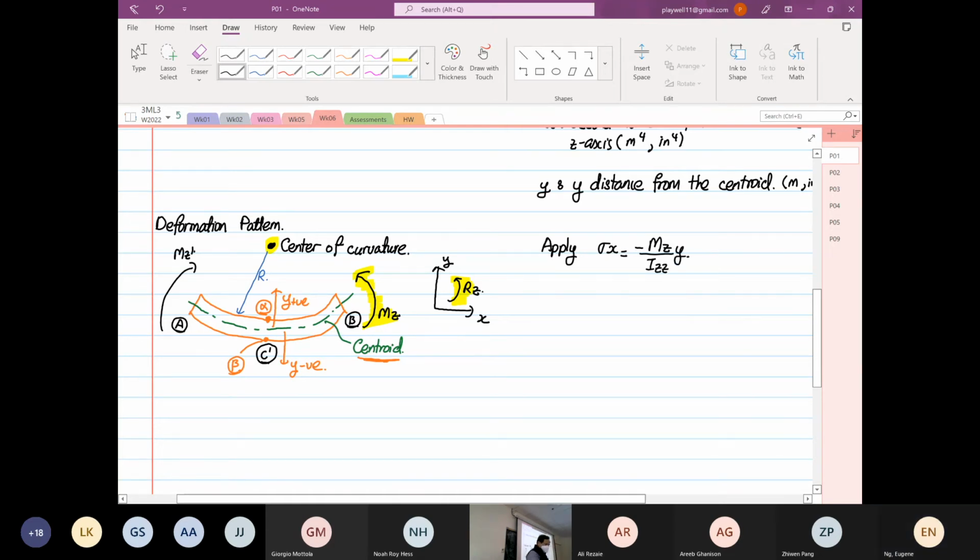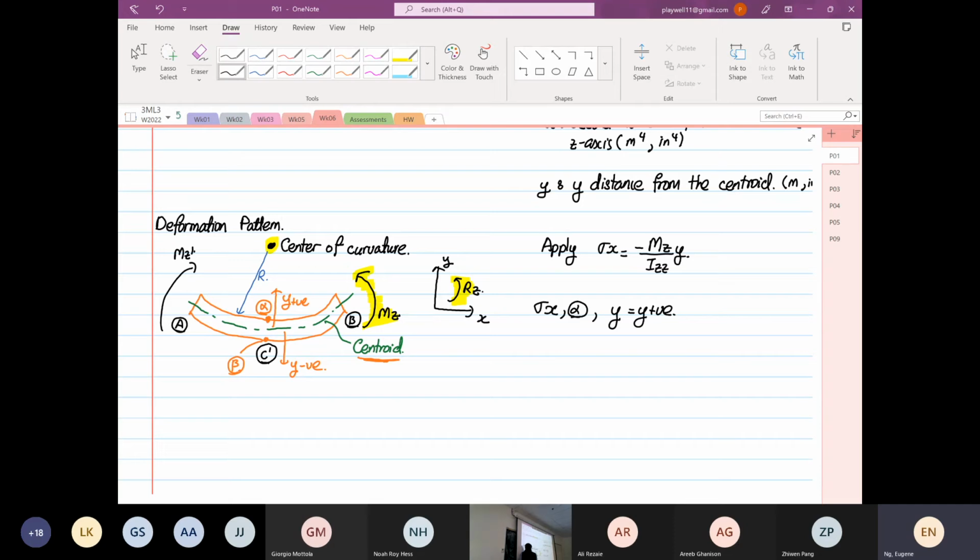So now watch this. When we look at this now, we want to find sigma x at point alpha. At this stage, y is equal to y positive. Why is it going to be positive?